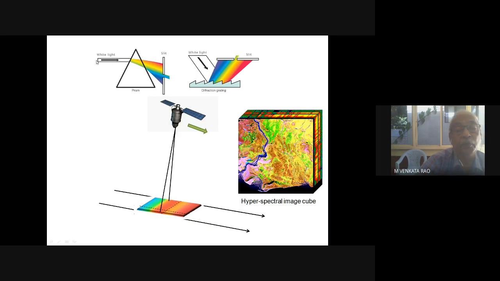Here the principle is, of course, you know that when white light enters a glass prism, it gets split into a spectrum. We have done this experiment; we used to measure the wavelength of a sodium vapor lamp, etc. It can be a prism or it can be a grating also, a reflective grating or transmitted grating, and it gets split into the spectrum.